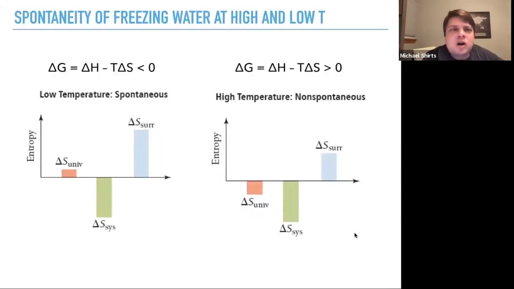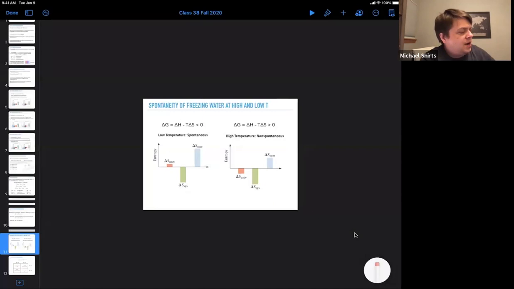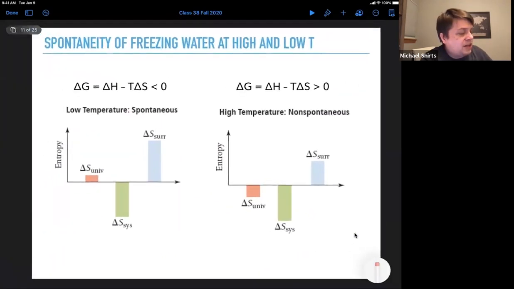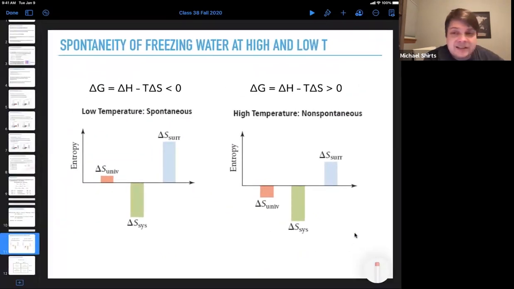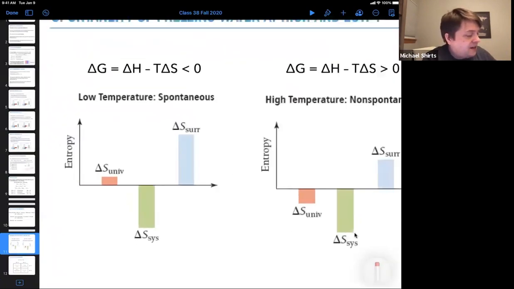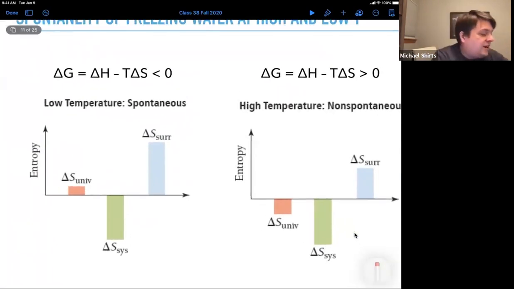So to think about this in more concrete terms, let's think about the spontaneity of freezing water at high temperature and low temperature. We know that at low temperature, freezing water is spontaneous. Therefore, delta G is less than 0, and the entropy of the universe is increased in that case.